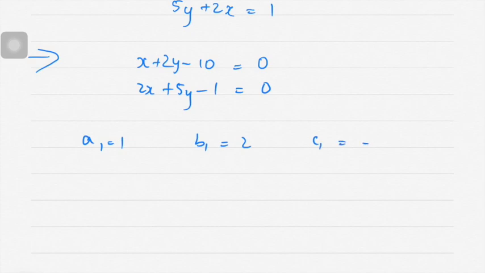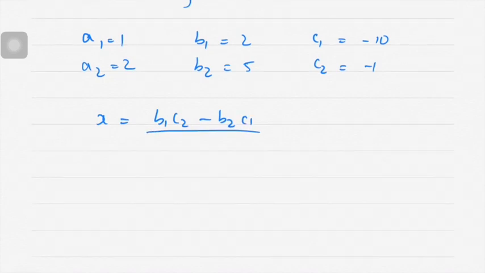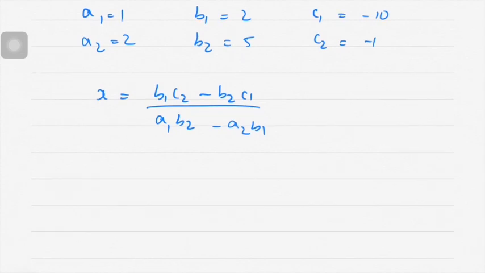So my A1 is 1, B1 is 2, C1 is equal to minus 10. A2 is 2, B2 is 5 and C2 is minus 1. Okay. So x is equal to B1 C2 minus B2 C1 upon A1 B2 minus A2 B1.